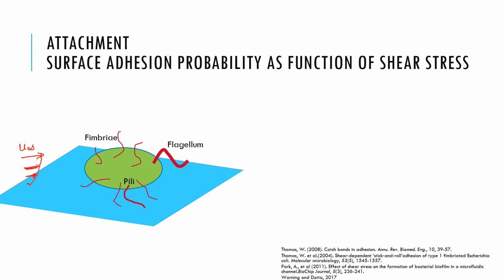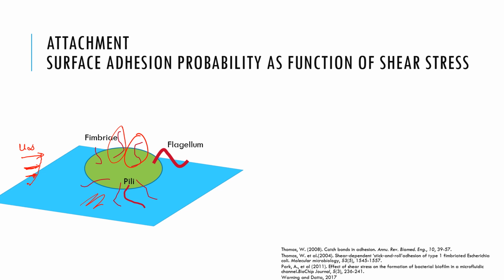The force of attachment depends on several biological factors, of course, notably the bond strength, or the force between the cell surface appendages, like these, and the surface, and then the surface chemistry and the number of appendages and the angle of appendages and so on.